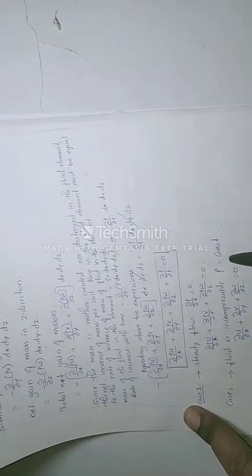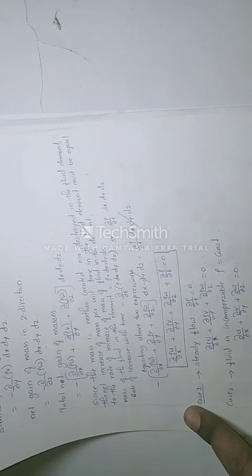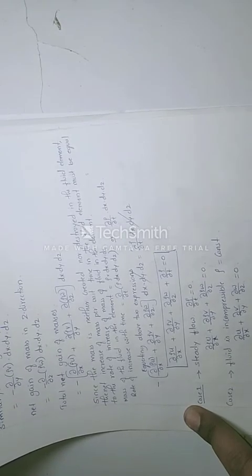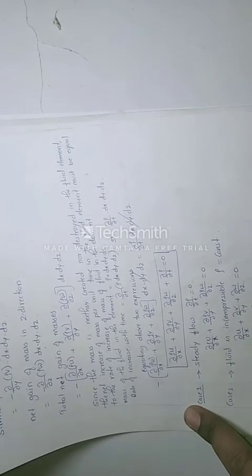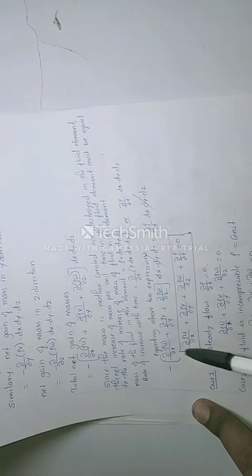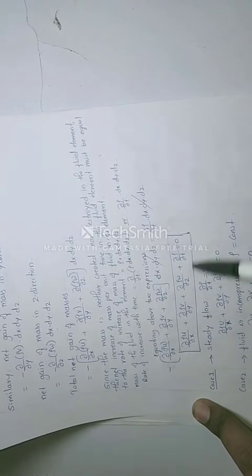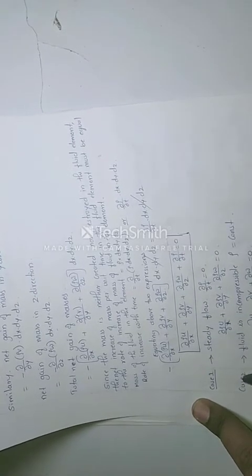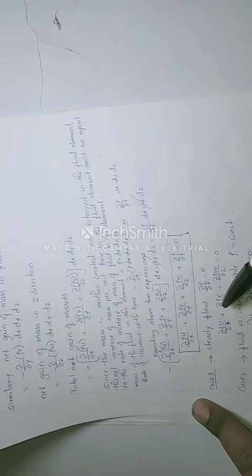The expression that remains is dou u by dou x plus dou v by dou y plus dou w by dou z. You have to remember this general expression. If we can remember the general expression, we can modify it based on the conditions.